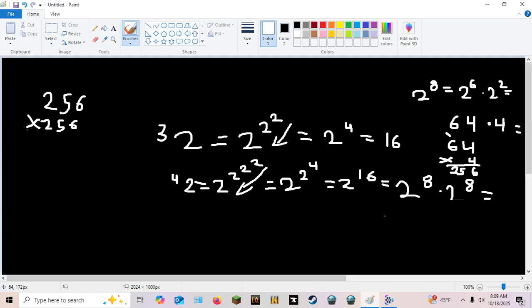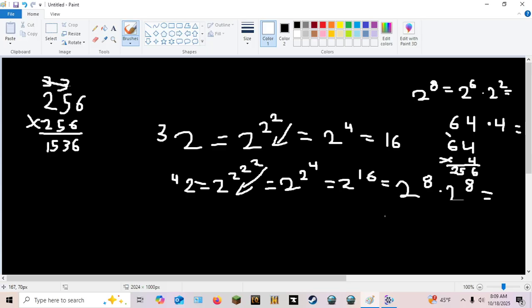Then we're going to multiply using the standard algorithm. 6 times 6 is 36. 6 times 5 is 30 plus 3 is 33. And then 6 times 2 is 12 plus 3, which is 15.